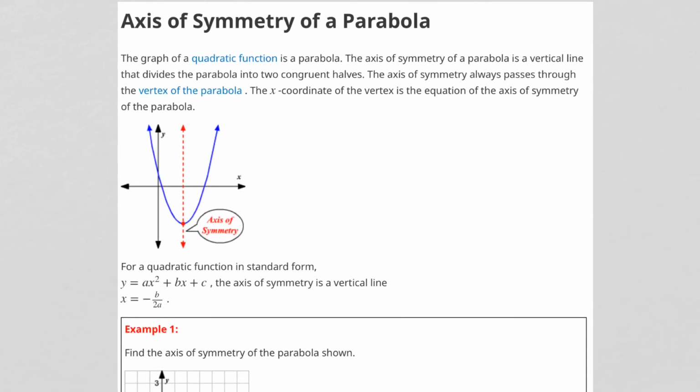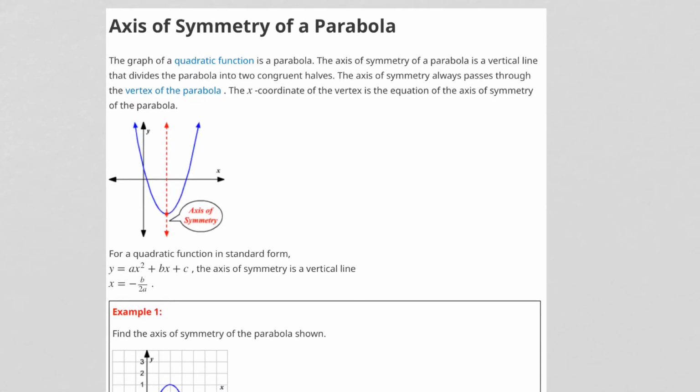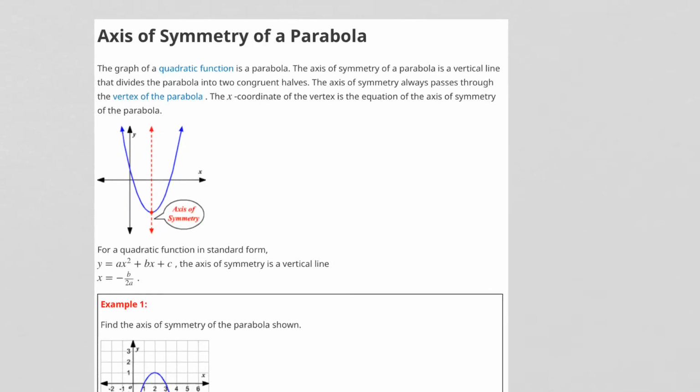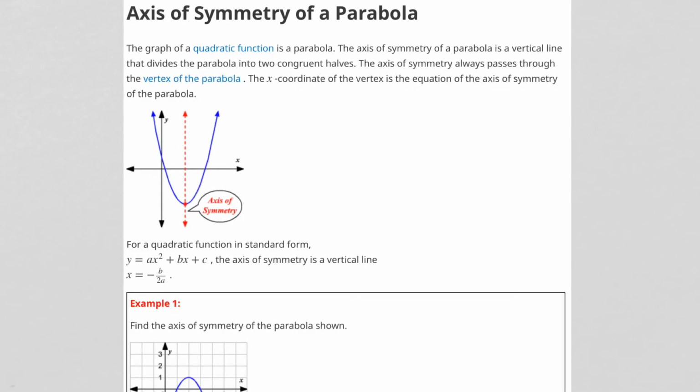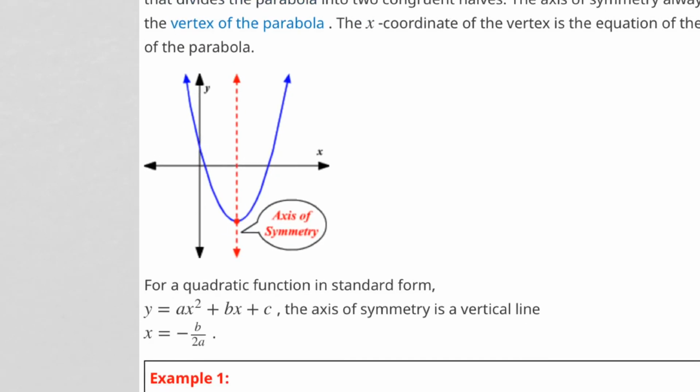Okay, so I just want to read this. This is kind of a different perspective on it. The graph of the quadratic function is a parabola. The axis of symmetry of the parabola is a vertical line that divides the parabola into two equal halves. The axis of symmetry always passes through the vertex of the parabola. So here's your vertex right here, the point.